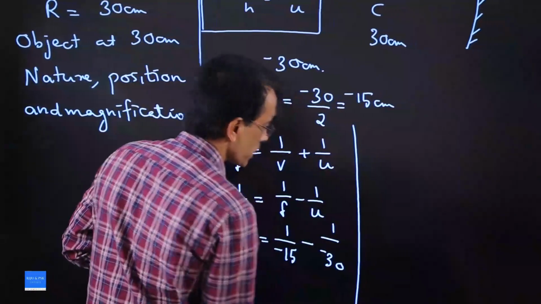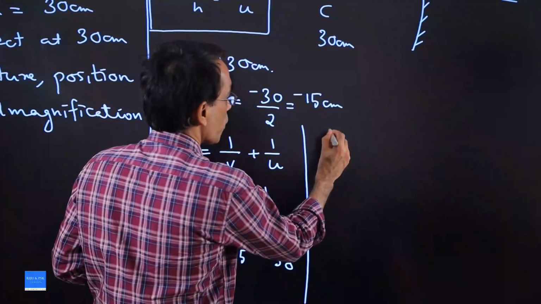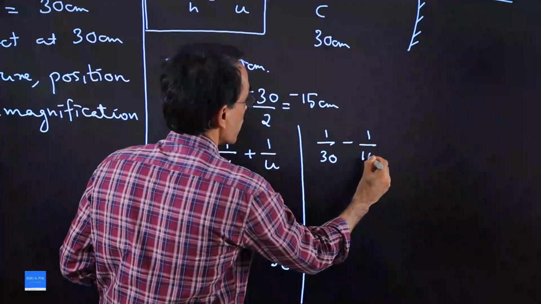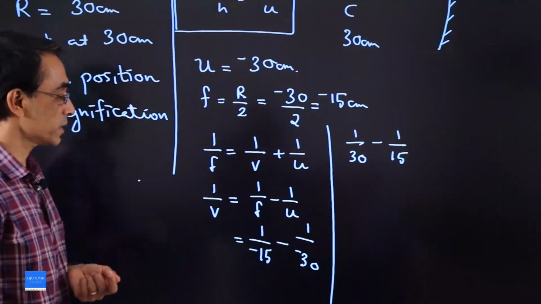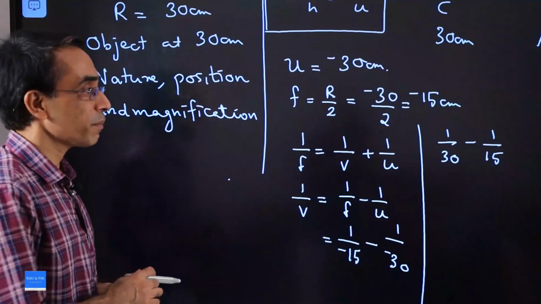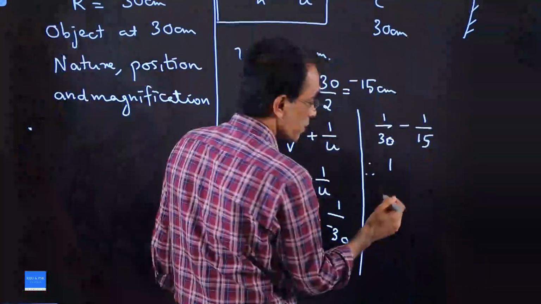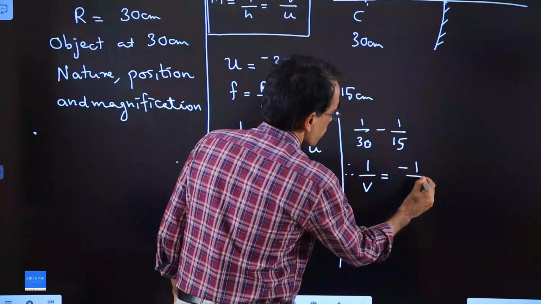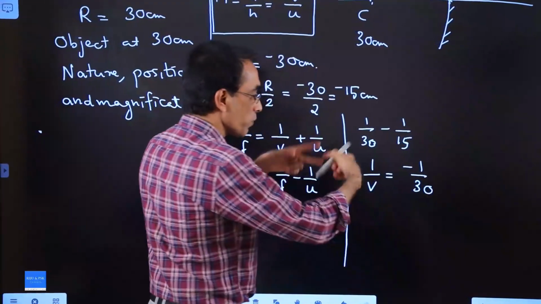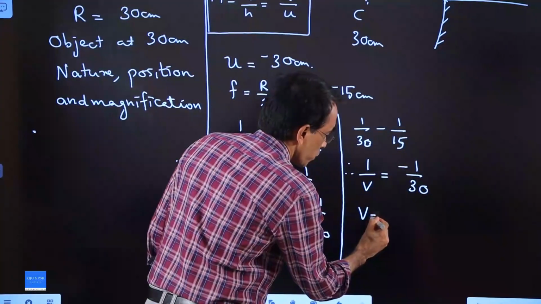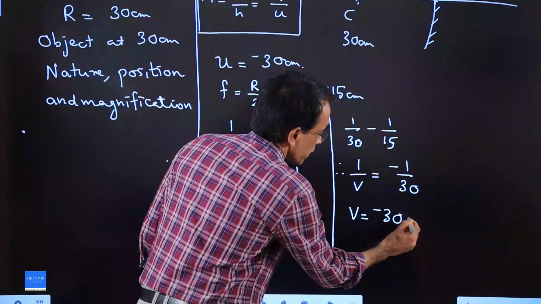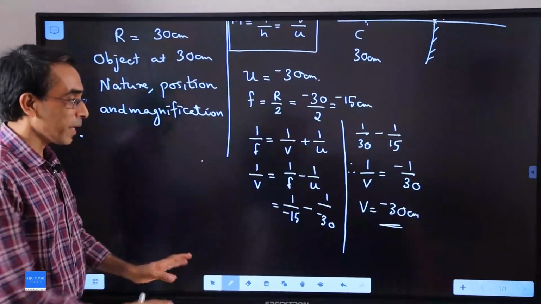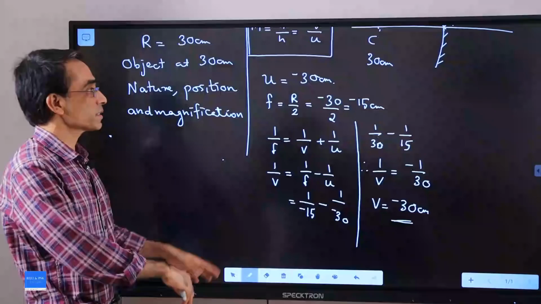Okay, I'll do the rest here. This is actually 1 by 30 minus 1 by 15. 1 by v gives you minus 1 by 30. Just flip them. You will get v equal to minus 30 centimeter. So we got your image position minus 30 centimeter.